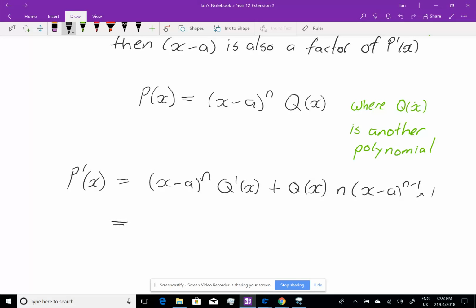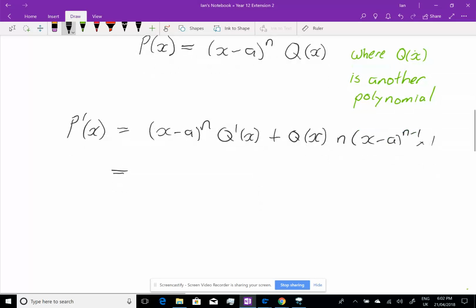Now, what have we got here? Well, let's factorise out (x minus a) to the n minus 1. I shouldn't have to show that this bit here is (x minus a) to the n minus 1 times (x minus a). You should realise that. So I'll take (x minus a) to the n minus 1, and I'll put a big set of brackets. Now, what am I left with? I'm left with an x minus a.